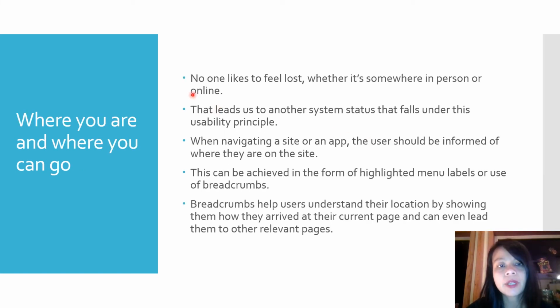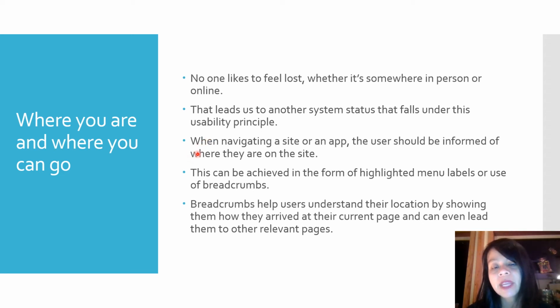Where you are and where you can go. Nobody likes to feel lost, so it's important to have visual cues of where you are. Even in the real world or online, no one likes to feel lost. So this leads us to another system status that falls under this usability principle, visibility.